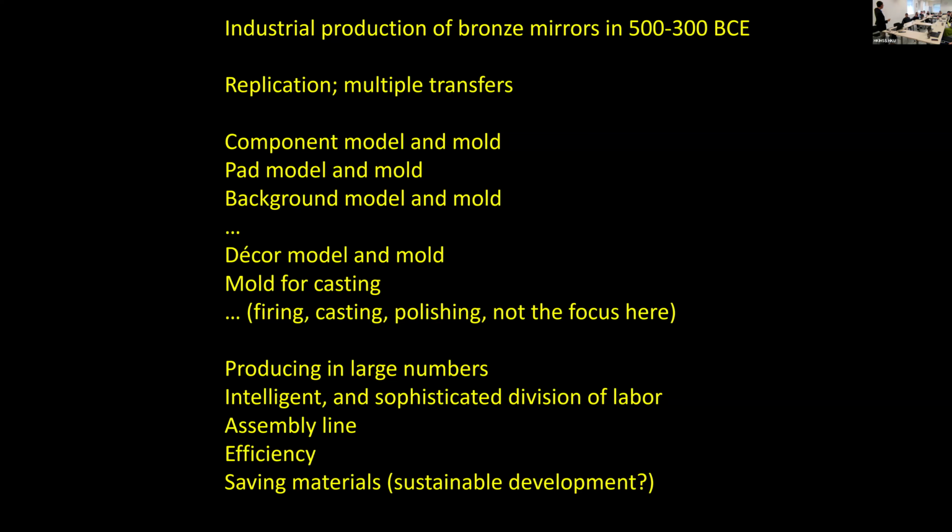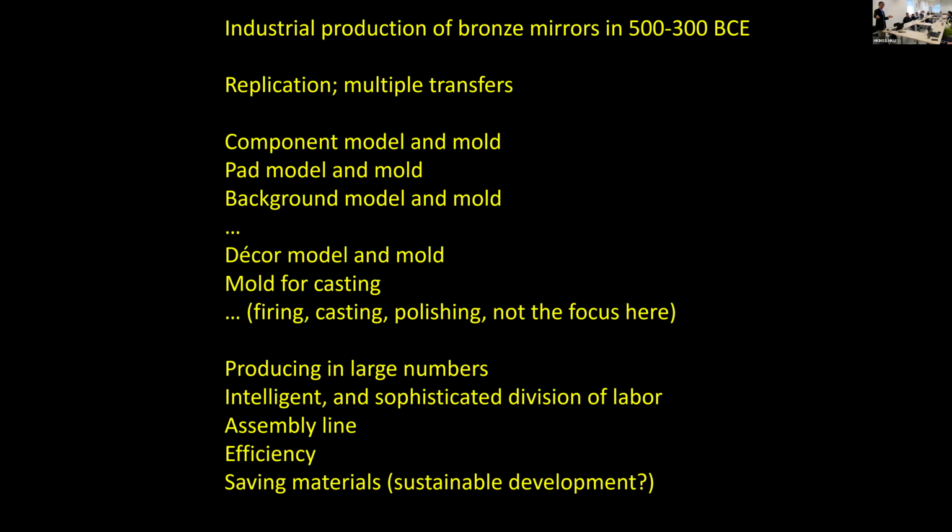Because if you've got a big workshop or big factory, there will be someone in charge of the kiln or the furnace. I'm not talking about those parts. I'm only focusing on making the models and making the molds for casting, only a small section of the bronze production process.